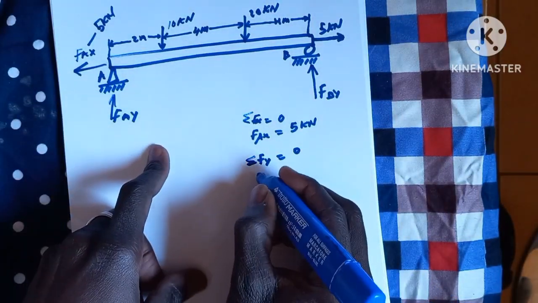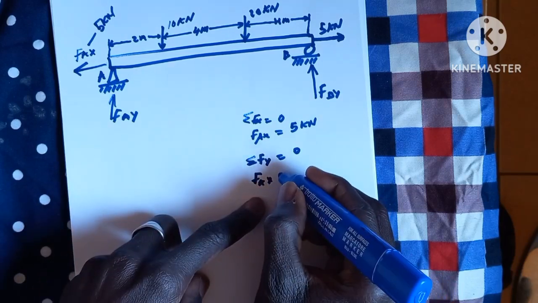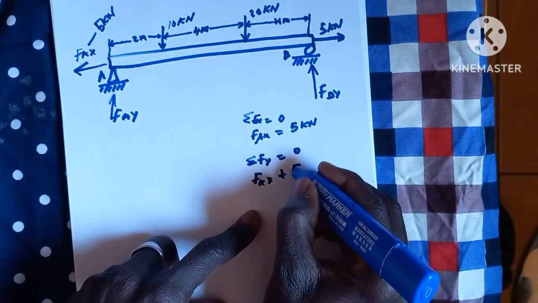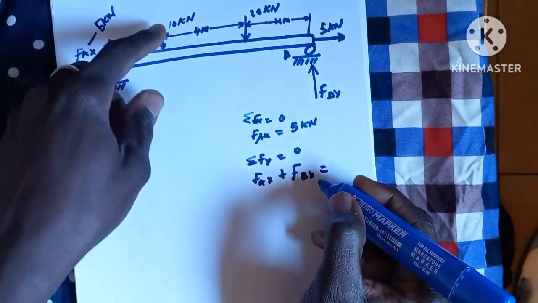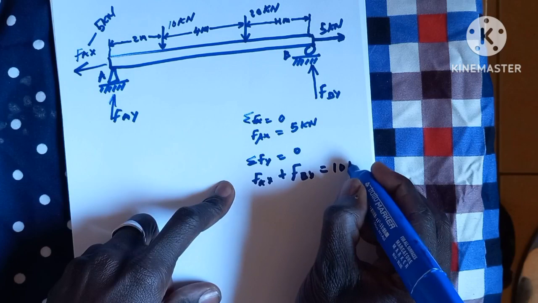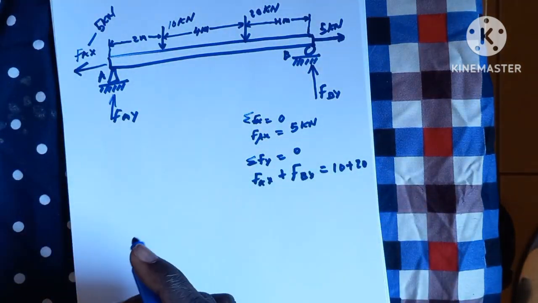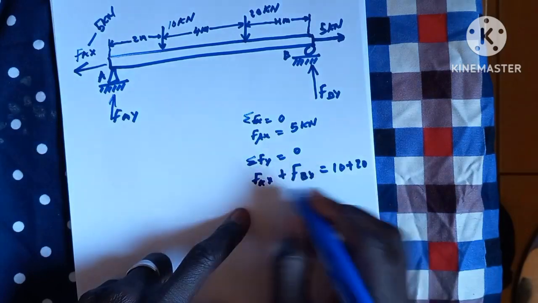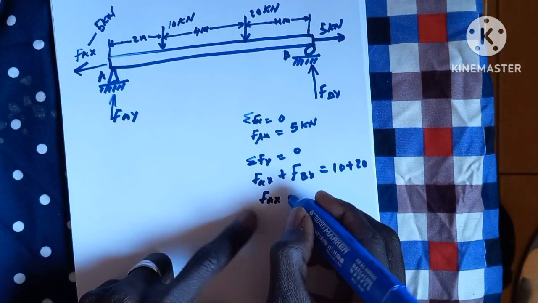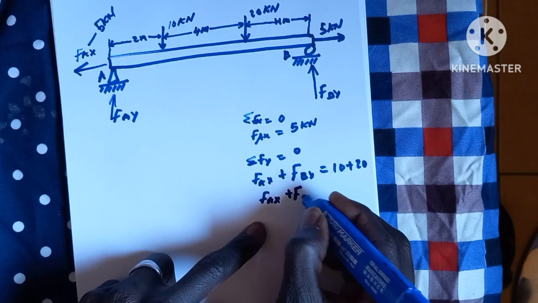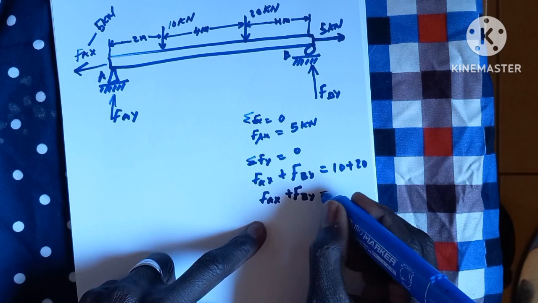So we have FAY plus FBY equal to 10 plus 20. Summing them out here, we have FAY plus FBY is equal to 30.